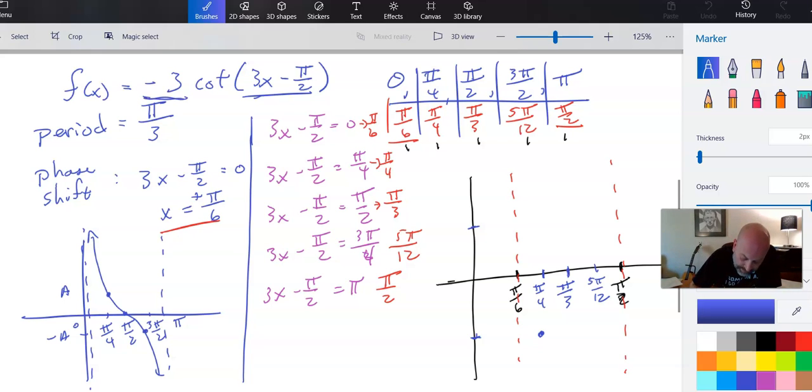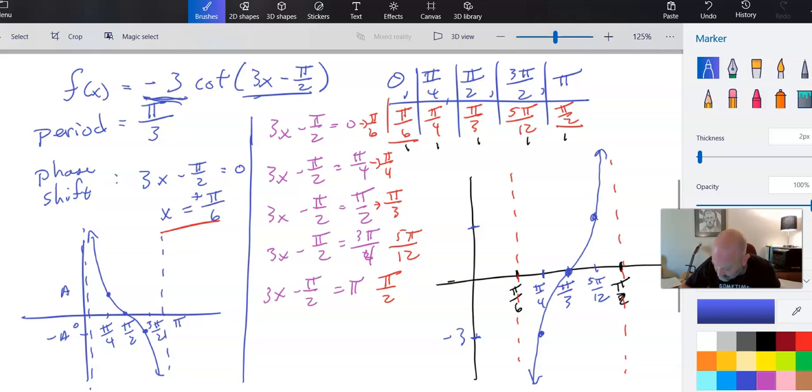But again, a is a negative number. So that means negative a is the positive number, right? And then we still have our 0 here. And then this thing will then continue this way, right? So it should look something like that. And that is one period of this.